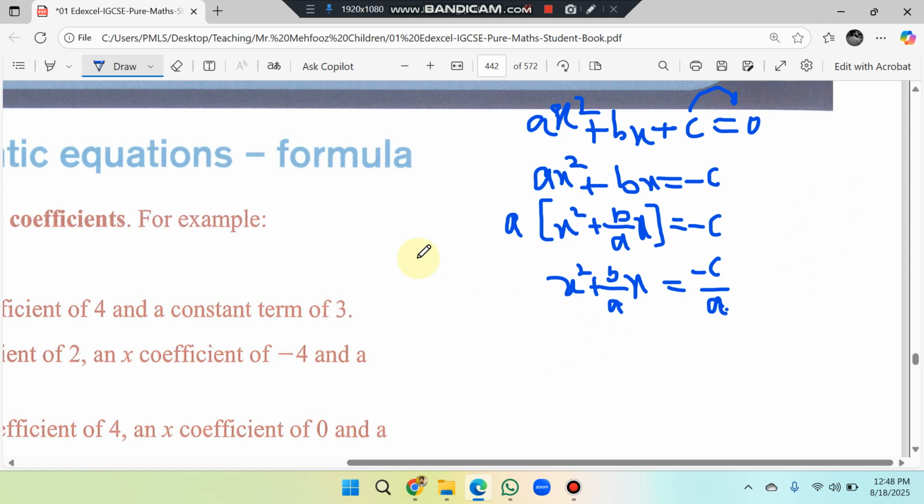No. After that, what is the coefficient of x? You can see that b over a. When we divide it by 2, it will becomes b over 2a and take the square, that is b over 2a whole square. Do you understand?